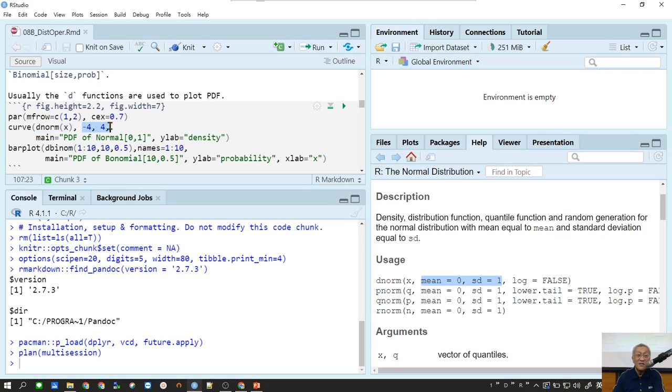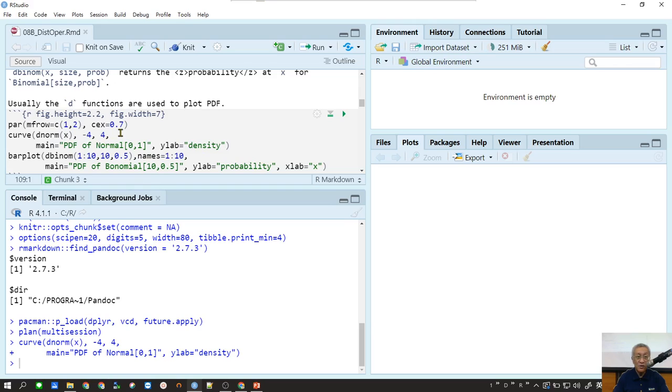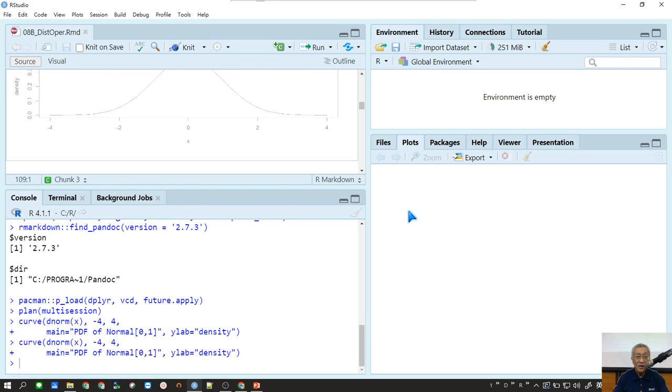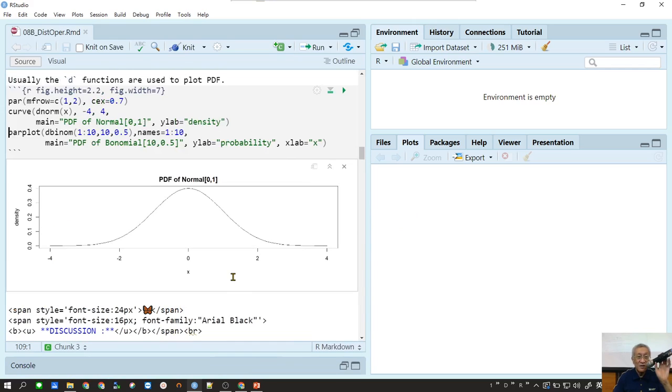So if I run this, what happened here? Okay. When I do this, I actually draw the standard normal distribution from -4 to 4.